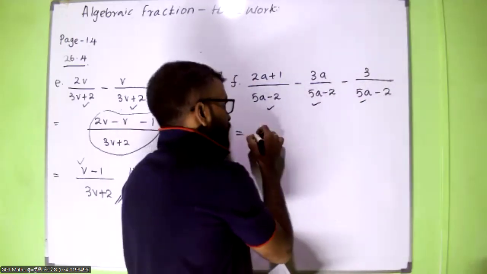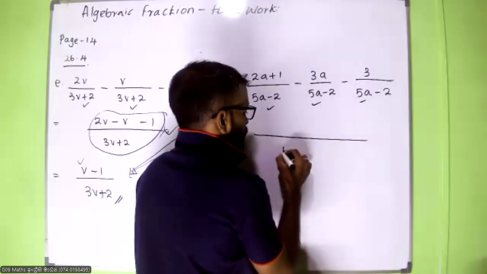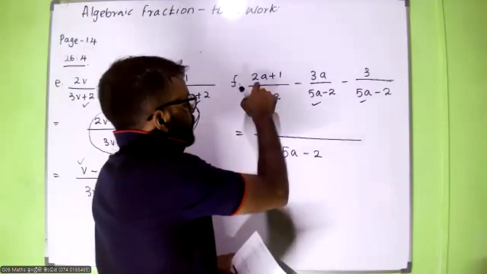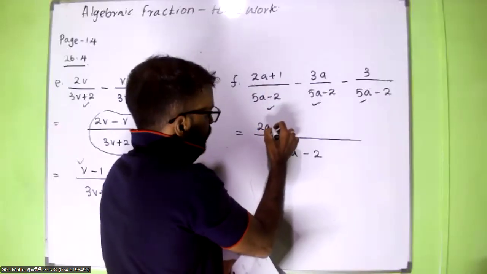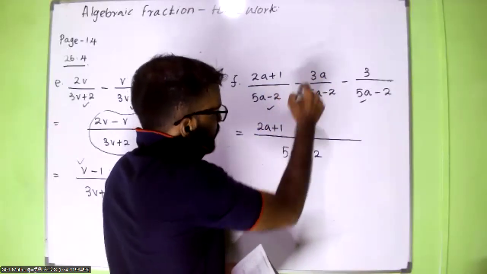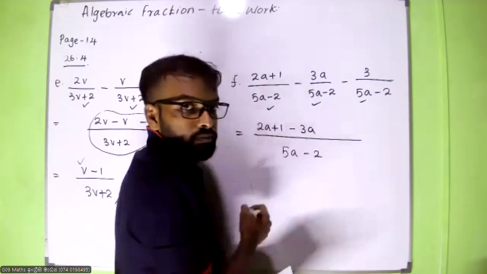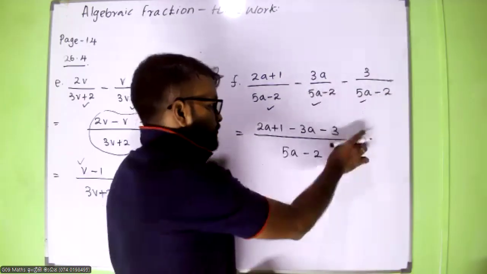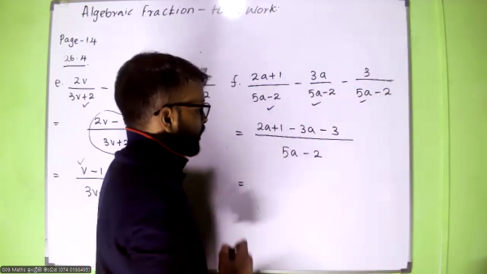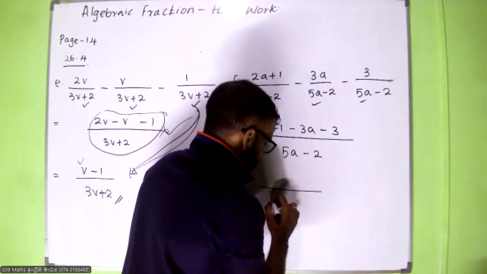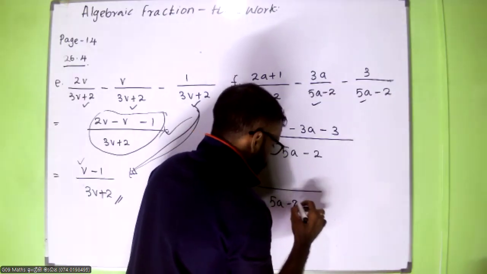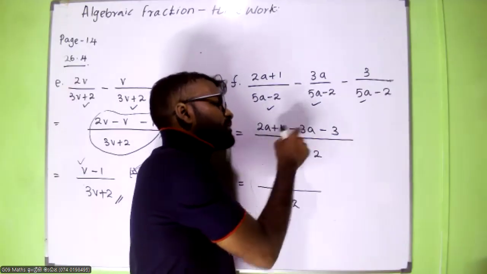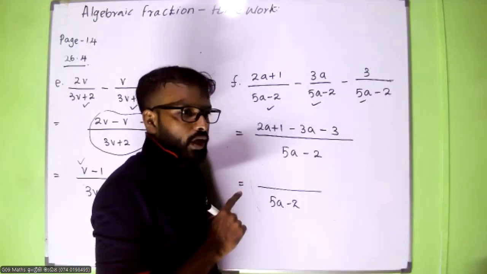So we write one denominator, 5a minus 2. The numerator is 2a plus 1 minus 3a minus 3. Equal mark, 5a minus 2. Right. 2a minus 3a.